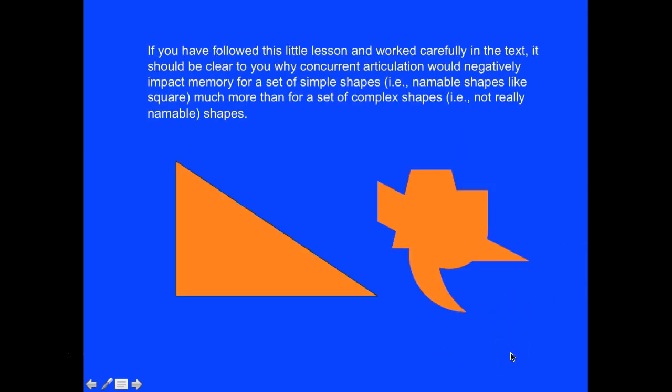So, simply put, concurrent articulation would affect this simple shape task quite a lot. It probably wouldn't affect this task at all. Now again, the complex shape task is hard, no question. But the point for us here is that it would not be impaired so much by concurrent articulation. Why? Well, the complex shape task doesn't really use the rehearsal mechanism.